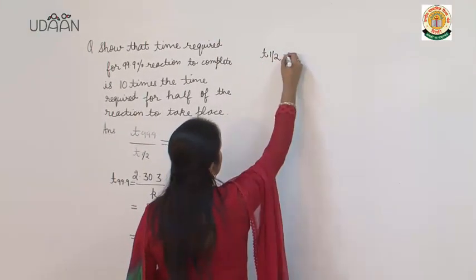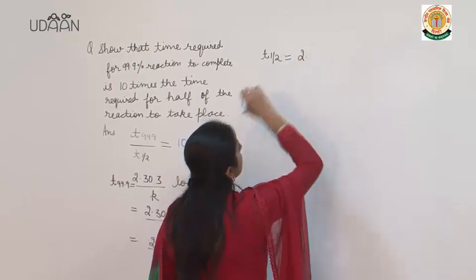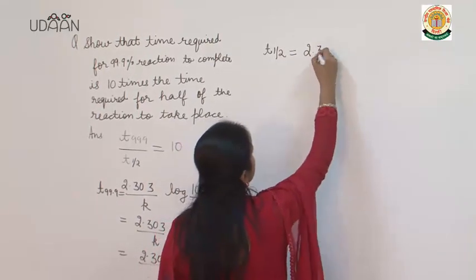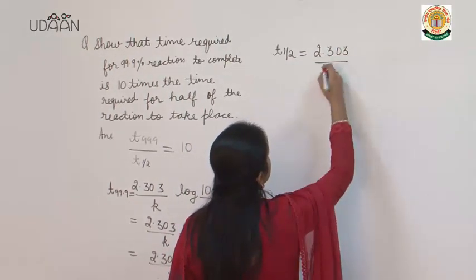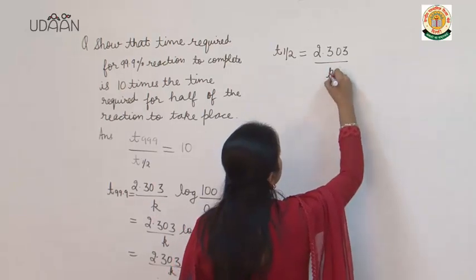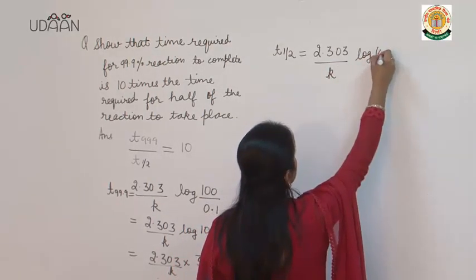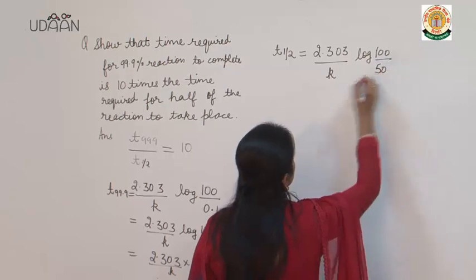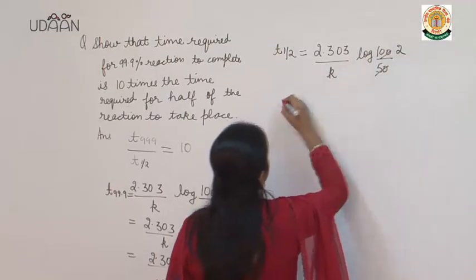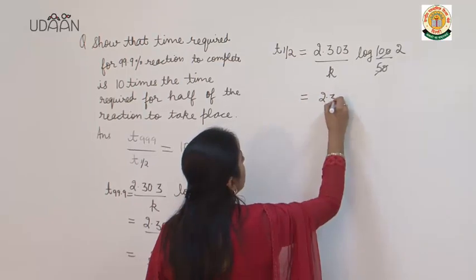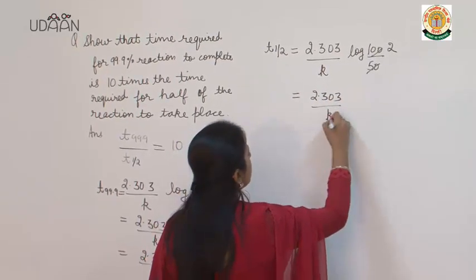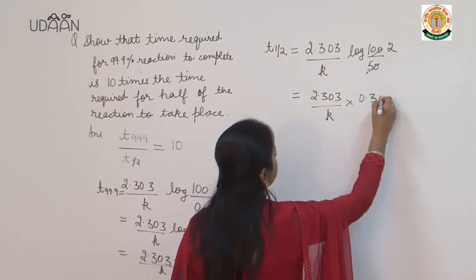T half अभी हमने कैलकुलेट किया था in the previous class. It would be 2.303 upon K log 100 by 50, which comes out to be log 2. And what is the value of log 2? The value of log 2 is 0.3010.